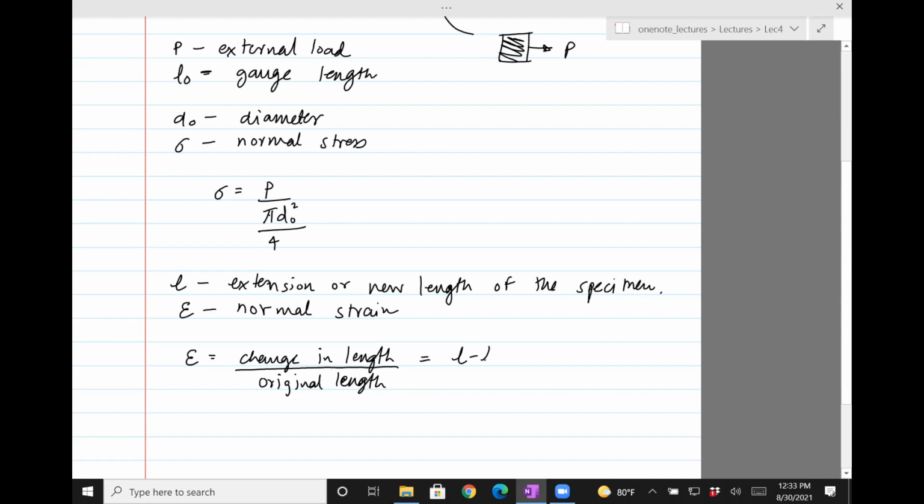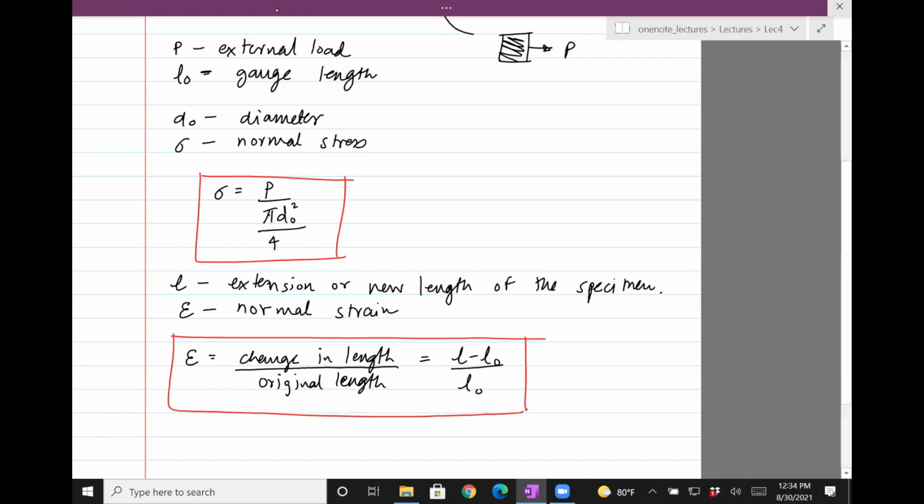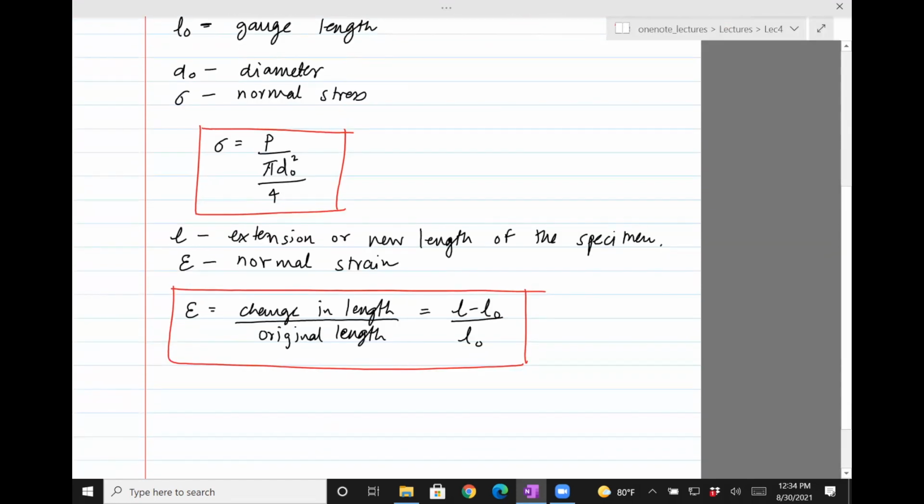The change in length in this case is L minus L0, and the original length is L0. By the way, this is also known as engineering strain. They normally don't call it engineering strain, they just call it strain. There's another strain we'll talk about, called true strain, which is slightly different from this one.